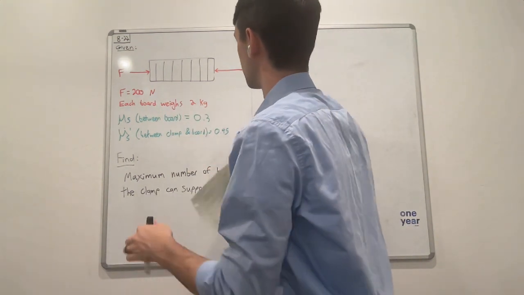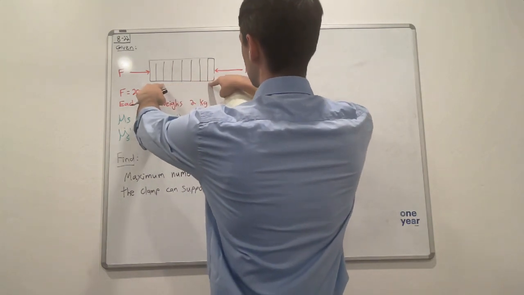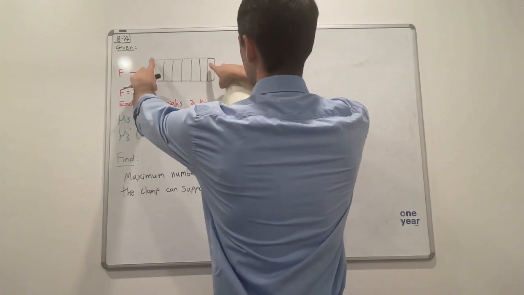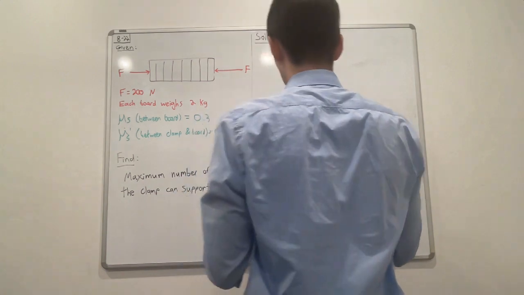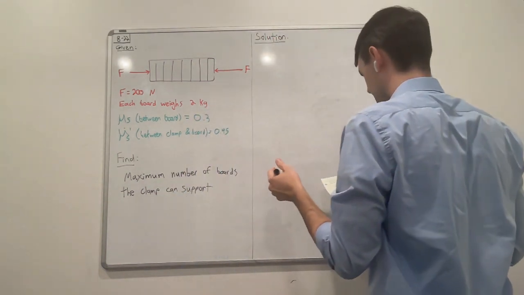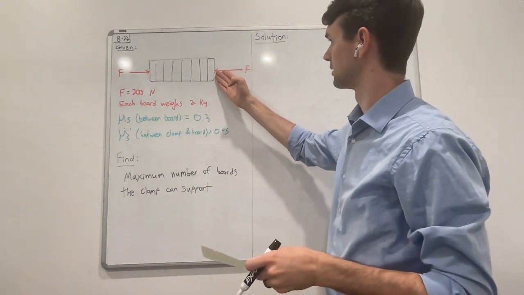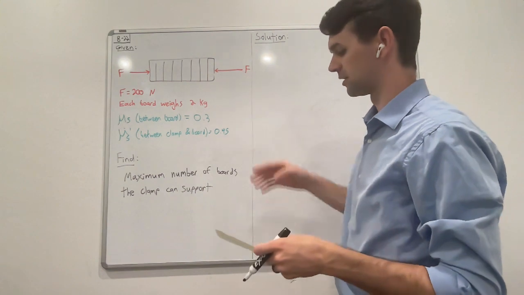So it doesn't make sense that the interior is going to slip. It's going to slip on the outside, because we have this larger mass. I'm going to redraw this as a free body diagram, but we're going to need to check two things: will it slip where it makes contact with the clamp, or where it makes contact with the board.